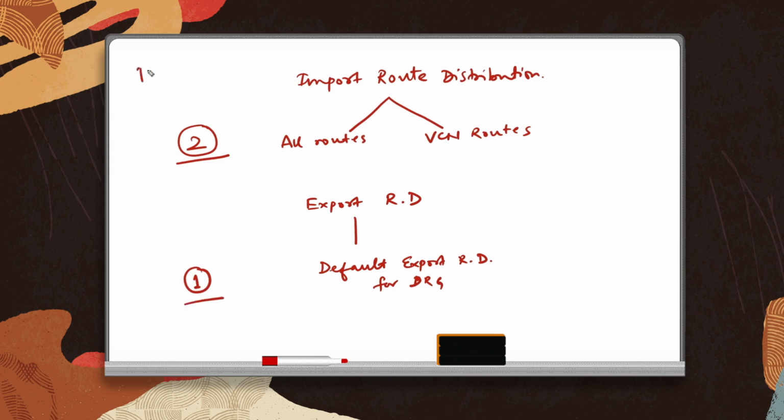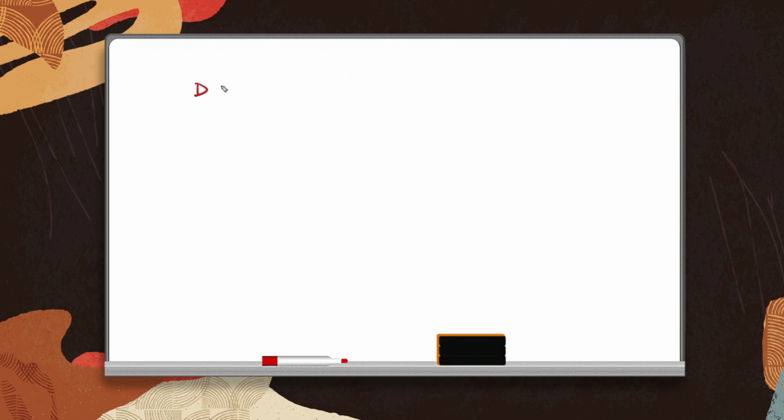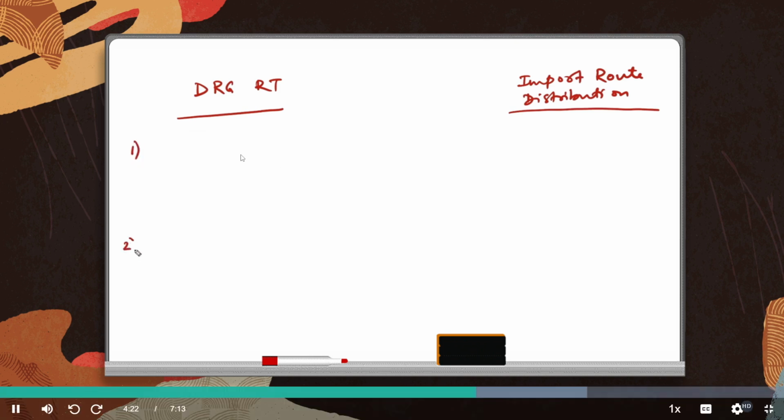Let me put the DRG routing table on one side and let me put the import route distribution on the other side. And this is a very important topic. I mentioned there are two route tables whenever I create a DRG.